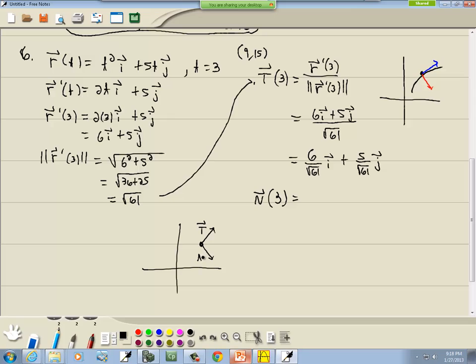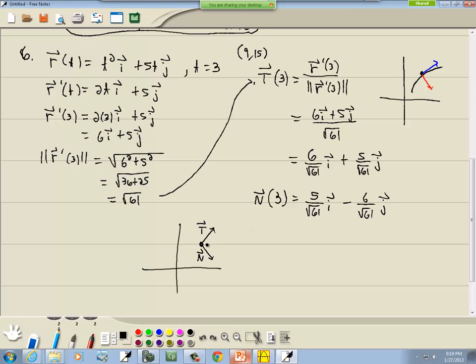For my normal, the x is going to be positive, but the y will be negative. So this will be 6 square root of 61 i minus, wait a minute, screwed that up. These values actually flip. So this becomes 5 square root of 61 i minus 6 square root of 61 j.